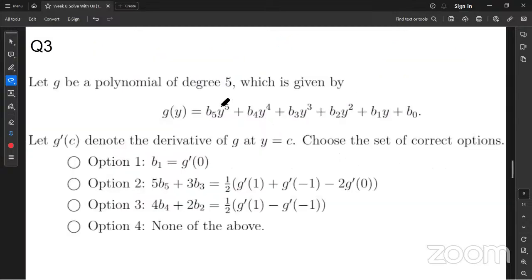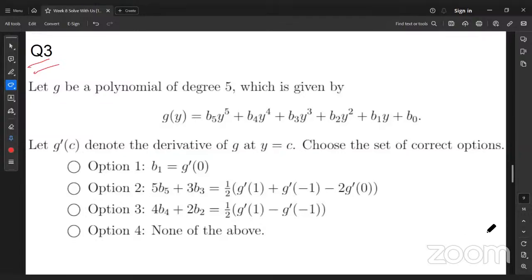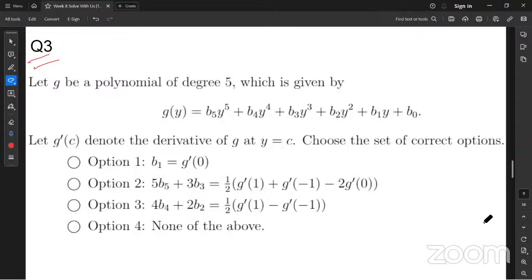Okay. Now look at this question number 3. These questions are easy now. I will ask, you have 2 minutes to solve this.